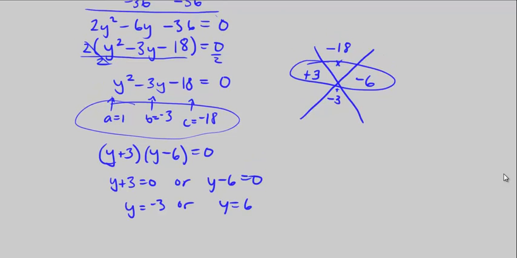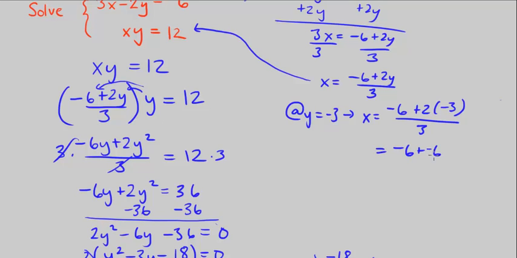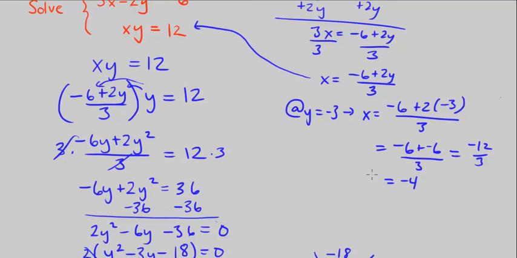When y is negative 3, x equals negative 6 plus 2 times negative 3, over 3. Simplify this, we get negative 6 plus negative 6 over 3, or negative 12 over 3, or negative 4. So one solution is x is negative 4 with y is negative 3.